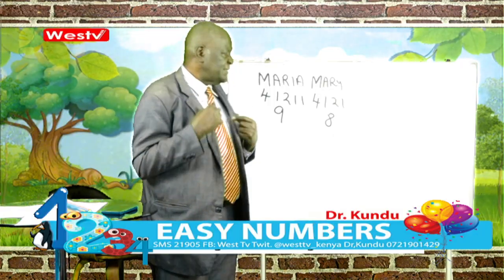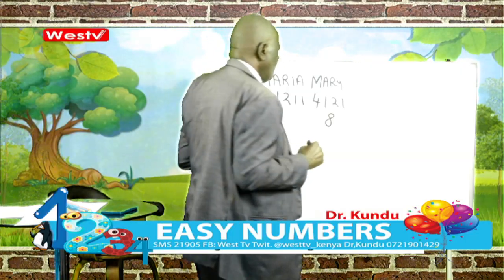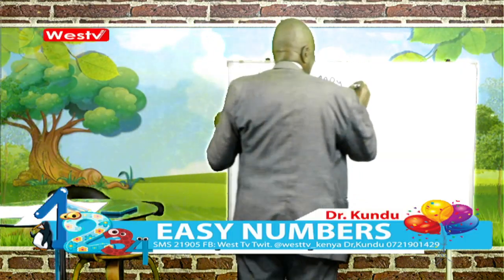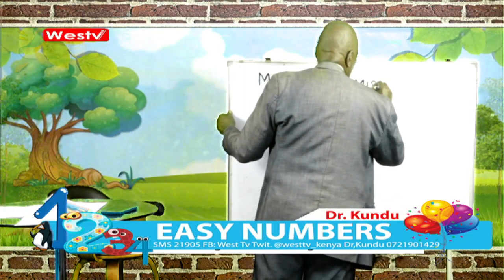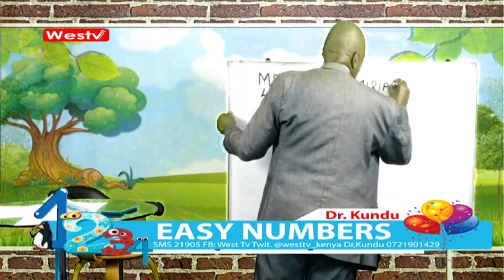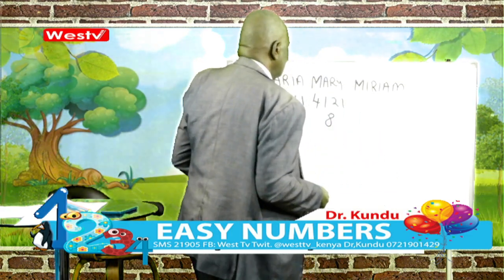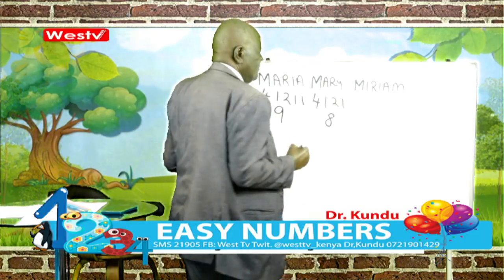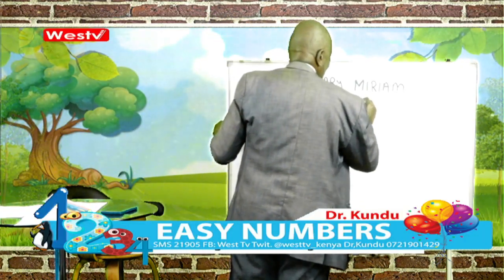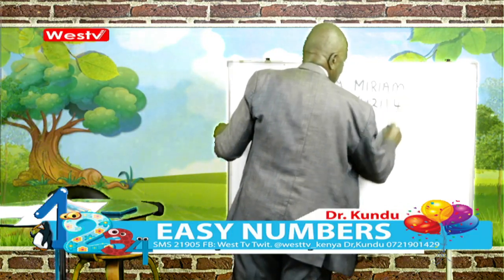And so you can see that some people would want to call the same name Miriam. The same name Miriam would have this vibration 4, 1, 2, 1, 1, 4.